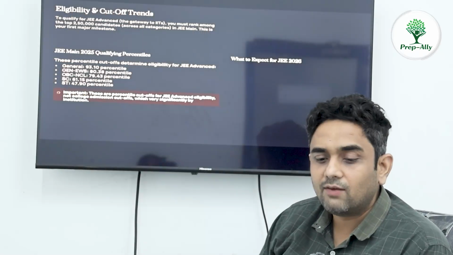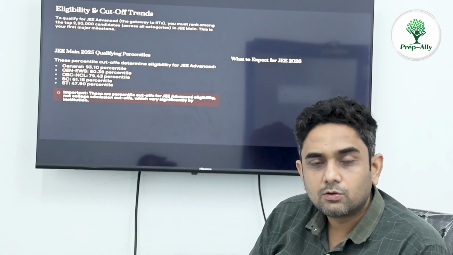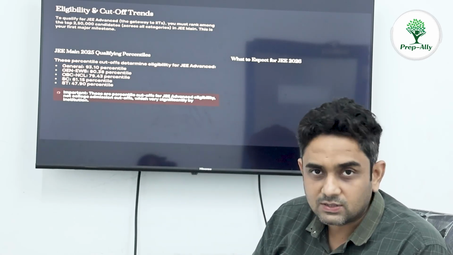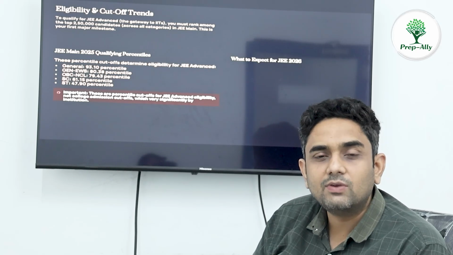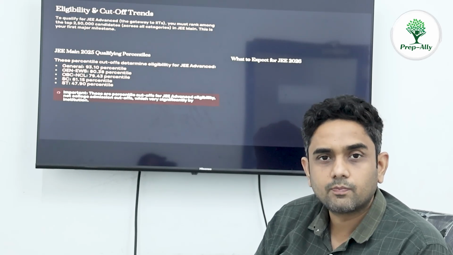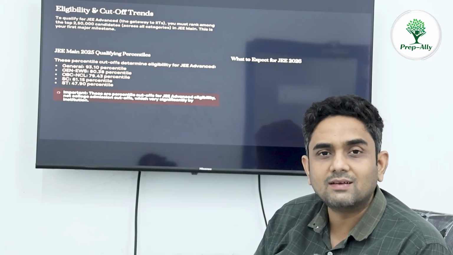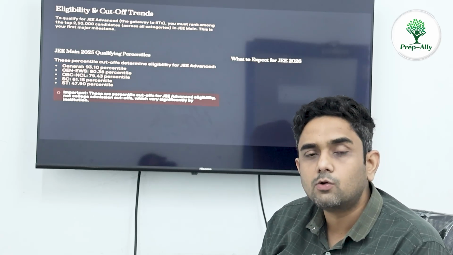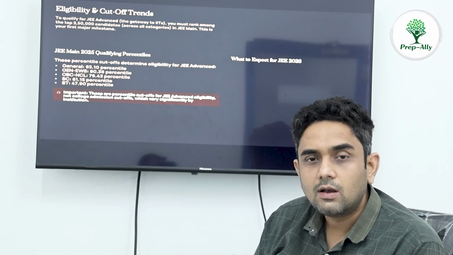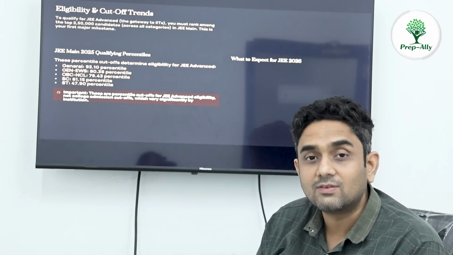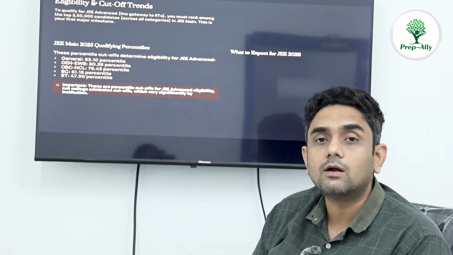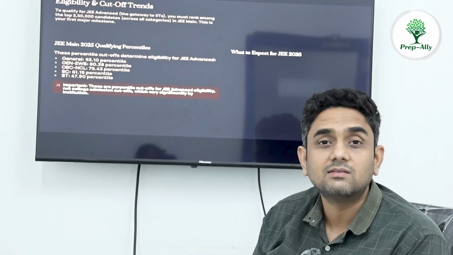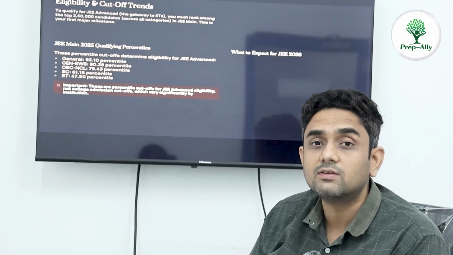Now, what can we expect in 2026? Will it remain the same or will it change? If we go by the trend, what is happening every year? The number of applicants is increasing. If the number of applicants increases and the total number of students who are supposed to write JEE Advanced, let's say only 2.5 lakhs, remains fixed, then obviously the percentile cutoff for everything will increase, and that is the trend we have been seeing for the last 5 years.